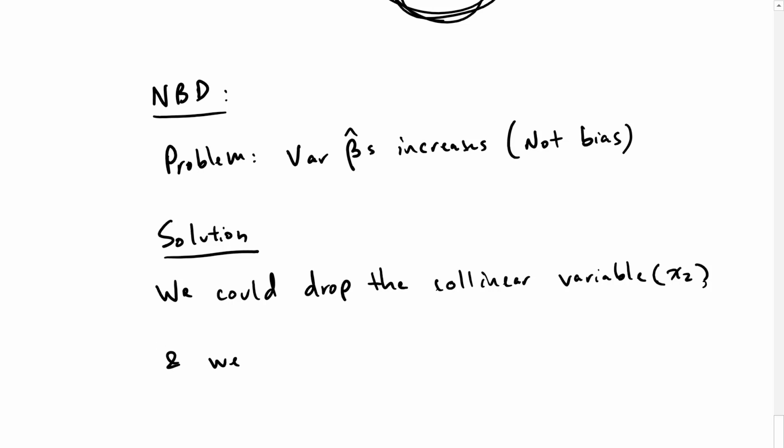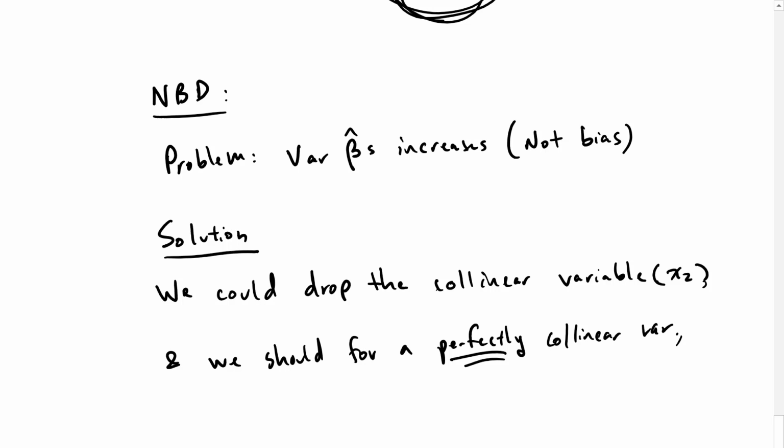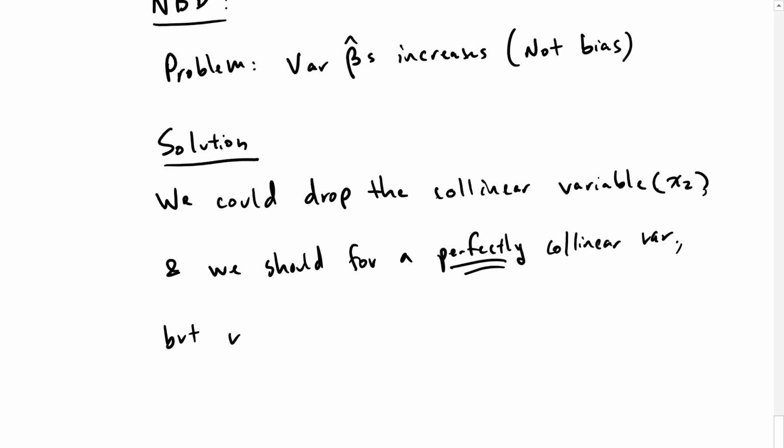And we should, for a perfectly collinear variable, but usually we do nothing. So when you have multicollinearity, especially for causal econometrics, if you are including variables in your equation, you should be doing it for a purpose.